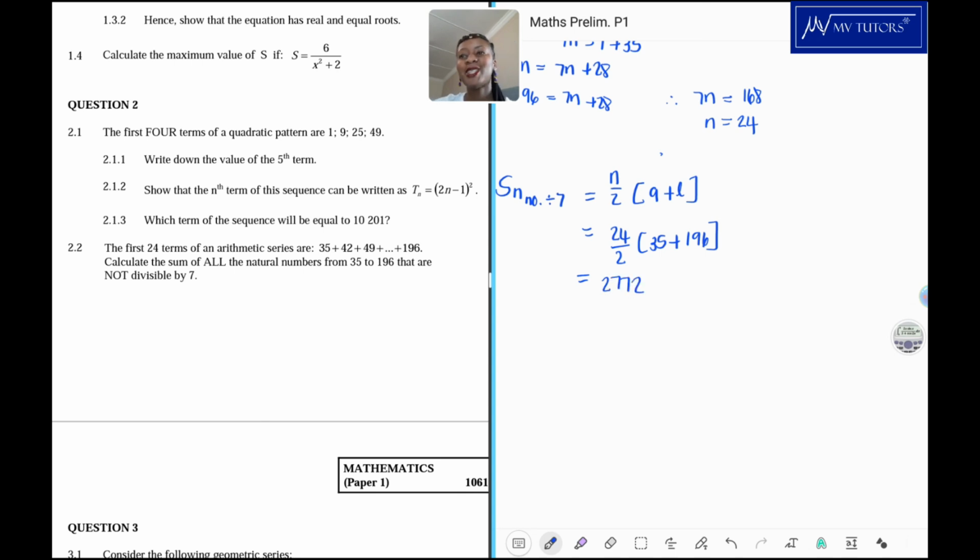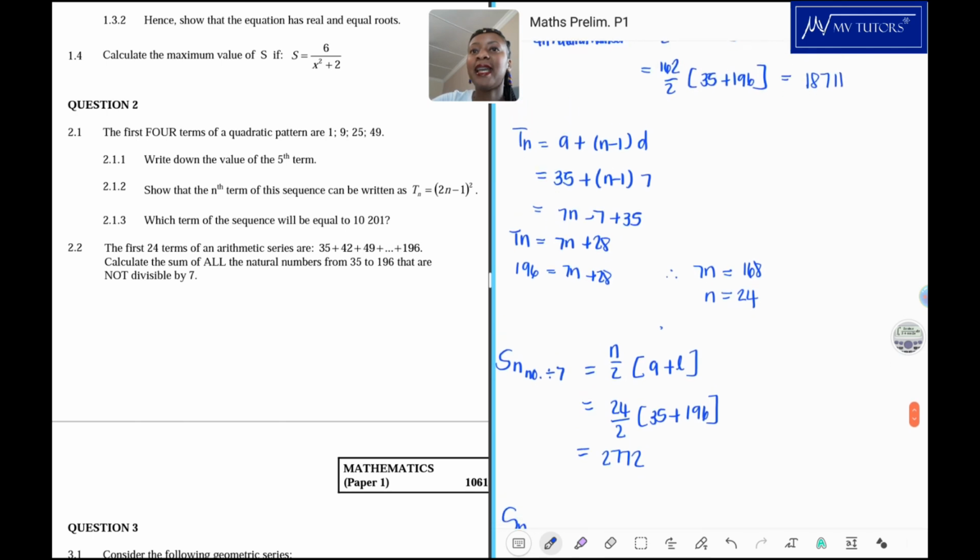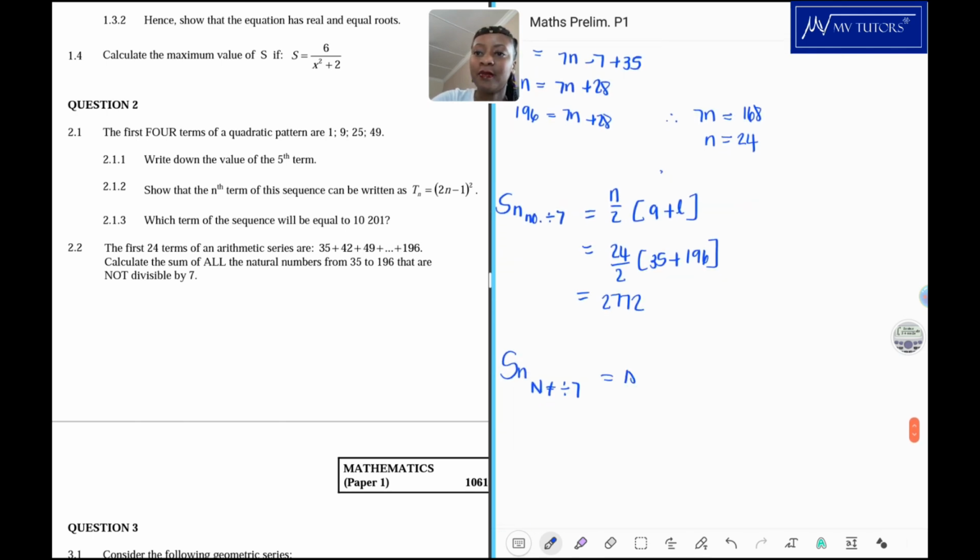All right, so now we are finally getting to answering our question: the sum of all the natural numbers from 35 to 196 that are not divisible by 7. So the sum of all the natural numbers that are not divisible by 7 is equal to 18,711 minus 2772.